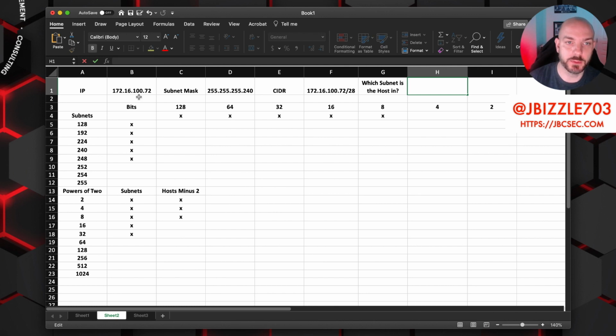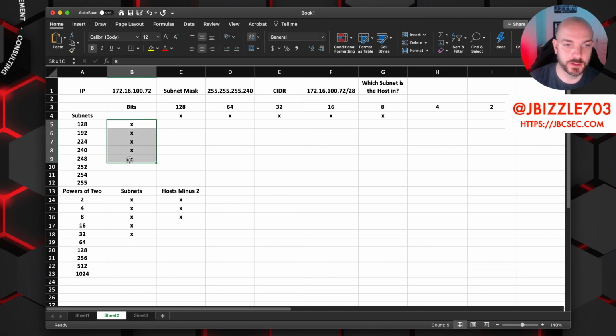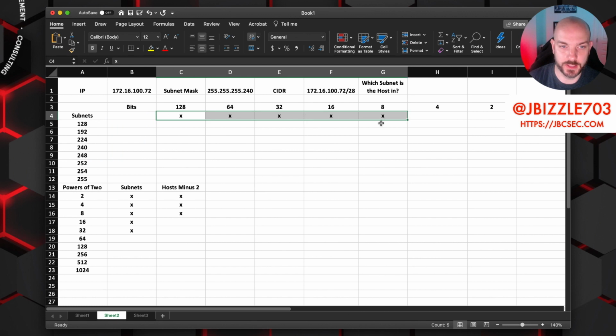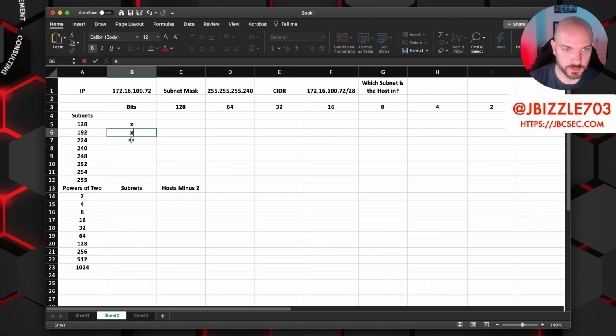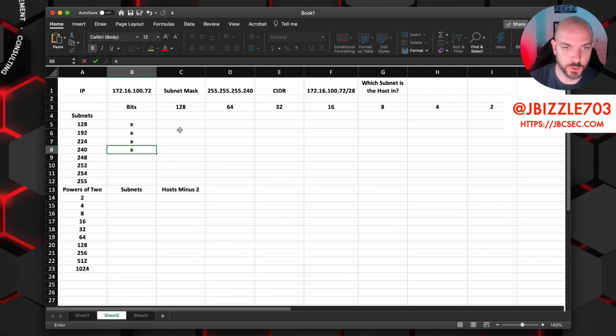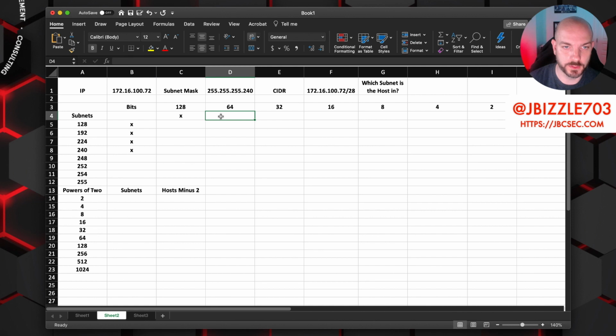All right, let's do the quick math on this. We'll get rid of that. All right, so 172, and it's a .240 or /28. So we're going to go 4 for 240 in the bits column in the subnet row.